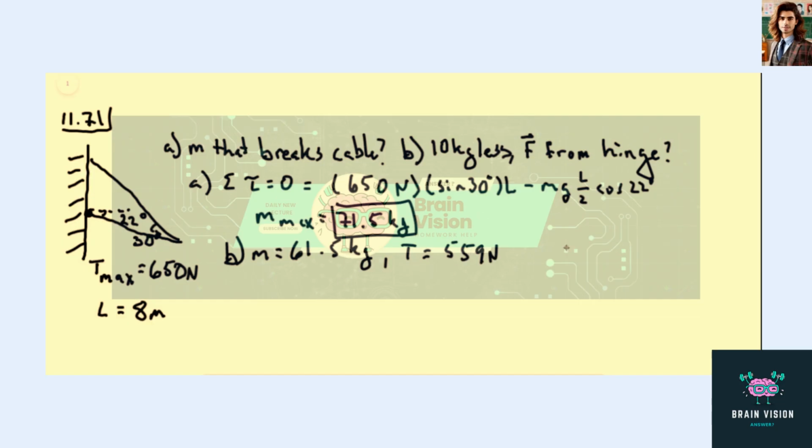So let's call the hinge force H. So the condition for equilibrium horizontally says that H has to equal 559 newtons times the sine of 38 degrees, which comes from combining these two angles appropriately to get the angle from the horizontal to the cable.